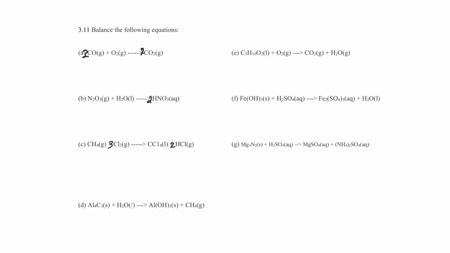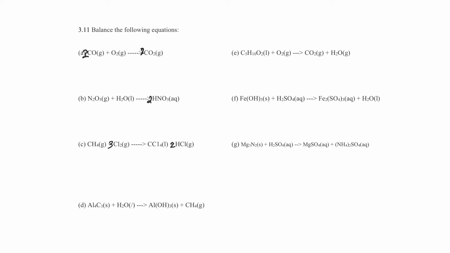So you always have to start again and check again. So I've got carbon and carbon. That's good. Then I've got 4 plus 2 chlorines on the right, 3 times 2 chlorines on the left. That's 6 chlorines, 6 chlorines. That's good. 1 carbon, 1 carbon.